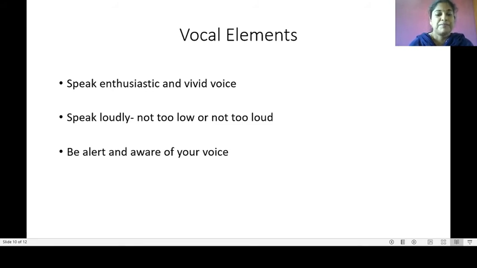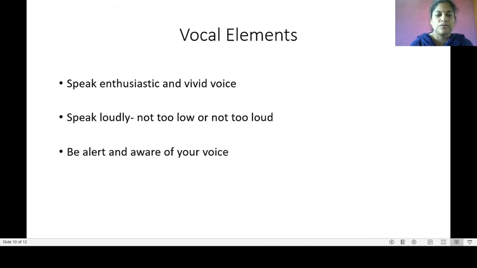You might have prepared beautiful slides with visuals. You might have good communication, but if there is no enthusiasm in your voice, it will be dull, right? So speak in an enthusiastic manner and in a clear voice. Be happy to do the presentation. Speak loudly, but not so loud that it is jarring to the ears.